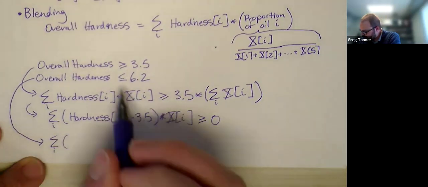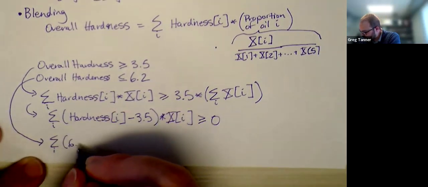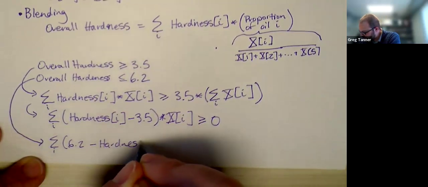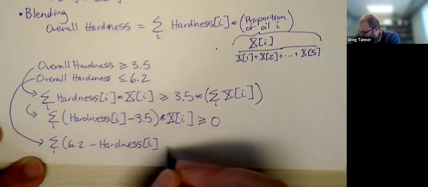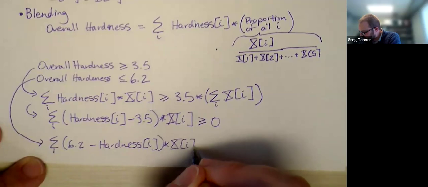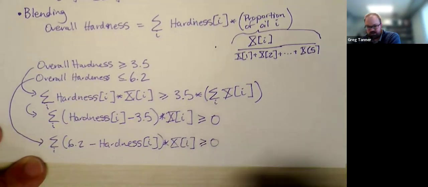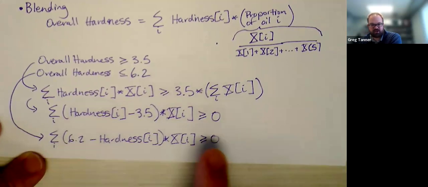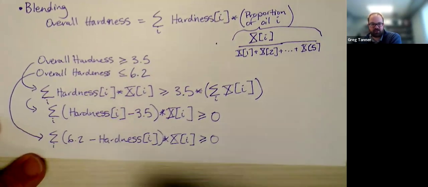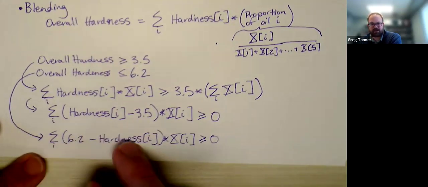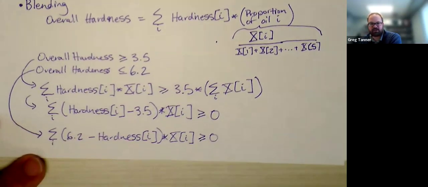This time I'll do upper bound minus hardness, so 6.2 minus hardness of i, times xi, and that's going to be greater than or equal to 0. So if you did it in the same order of hardness minus 6.2, then it'd be less than or equal to 0, and the sign and the direction would be flipped. But because we do upper bound minus the hardness, that's going to be greater than or equal to 0.